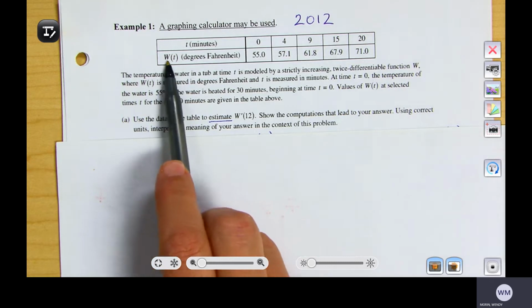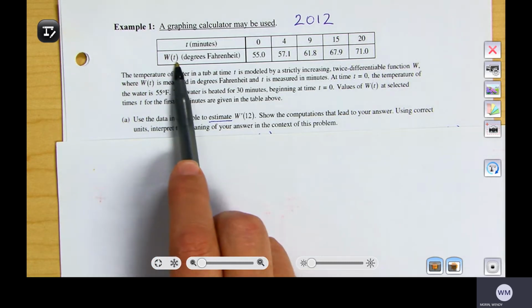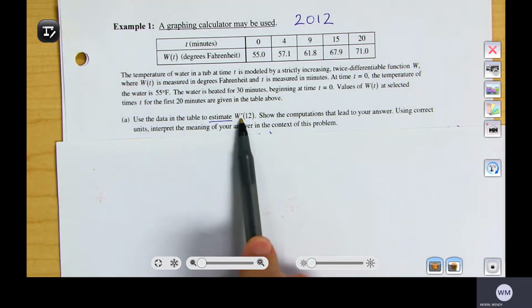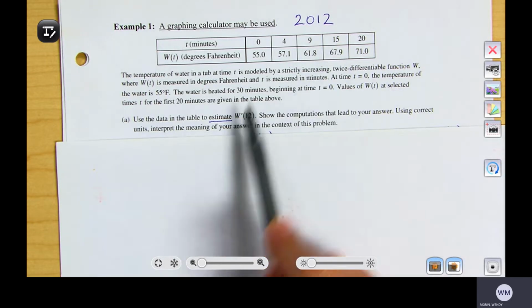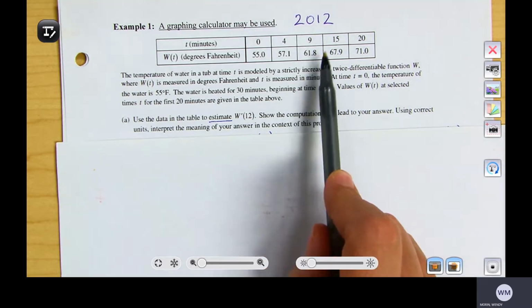It says this is W of t. This is not the derivative. This is W of t, and t is in minutes. Estimate W prime of 12. Well, here's 9 and here's 15. To estimate the first derivative, we're going to use the slope of the secant line given a table.